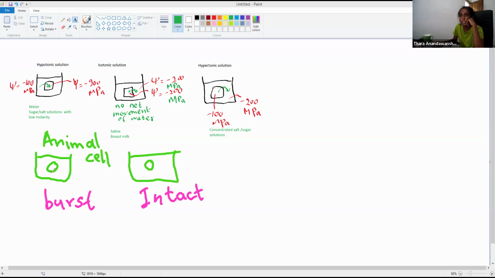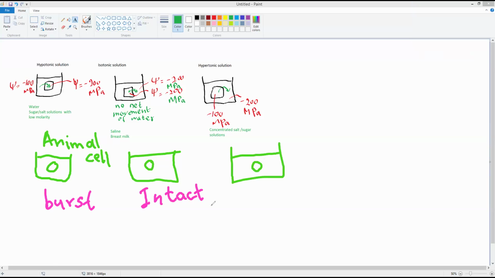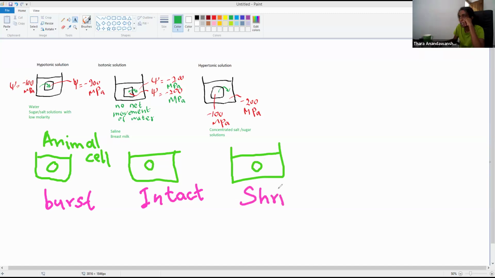Then putting this in a hypertonic solution, what is going to happen now? It contracts, it shrinks. Shrink is the correct term. Alright, write this also, under that column. You can write separately also, that's fine.